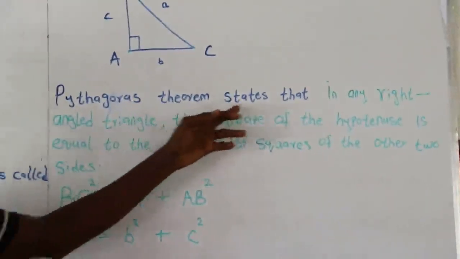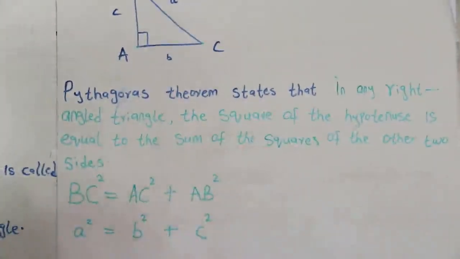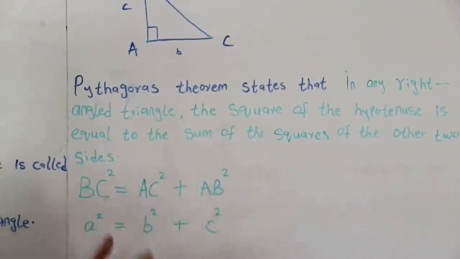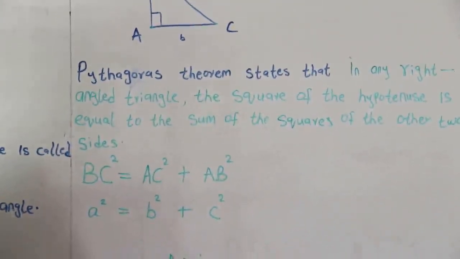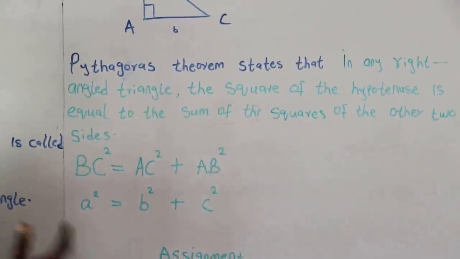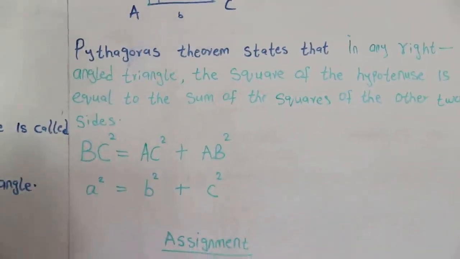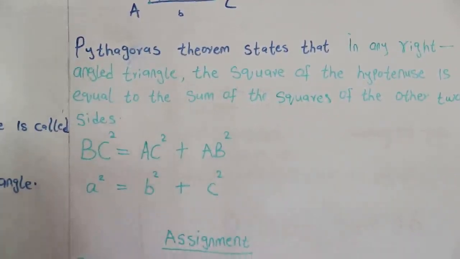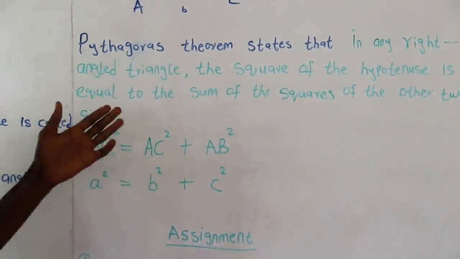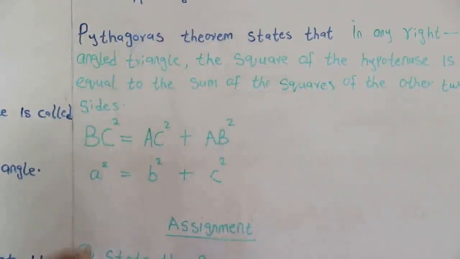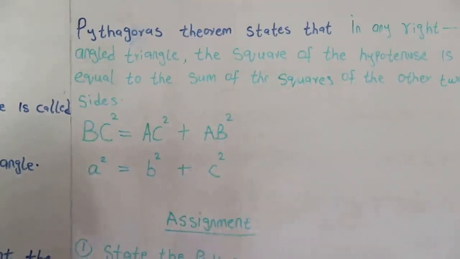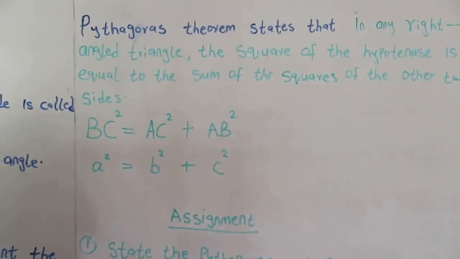Pythagoras theorem states that in any right angle triangle, the square of the hypotenuse is equal to the sum of the squares of the other two sides. What does it mean? It means that for you to have a Pythagoras theorem, there must be a right angle triangle.